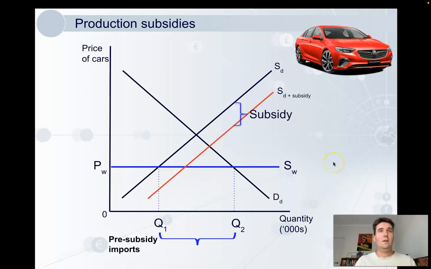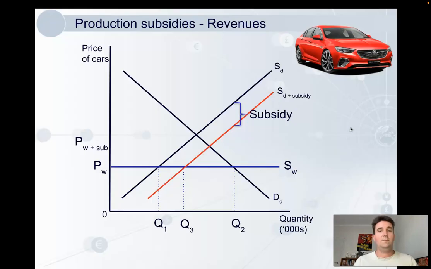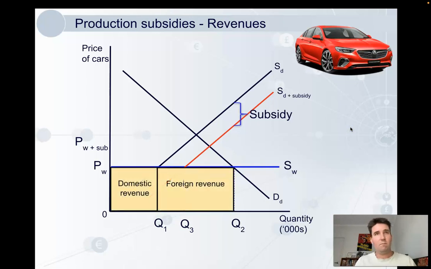Boom, there it is. They're now able to produce more at this world price, increasing from Q1 to Q3, therefore reducing the number of imports that are needed. For the revenues, we see pre-protection revenues, they're the same.